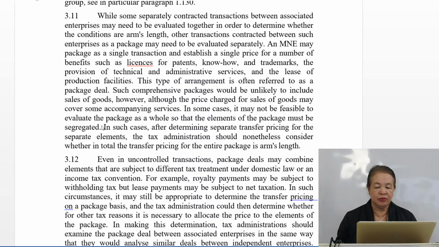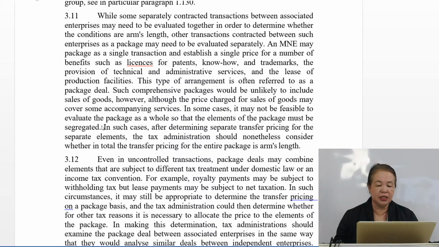Yung sa atin, itong lease, ito yung rental, subject din siya sa withholding tax na 5%. So in such circumstances, it may still be appropriate to determine the transfer pricing on a package basis, and the tax administration could then determine whether for other tax reasons it is necessary to allocate the price to the elements of the package.